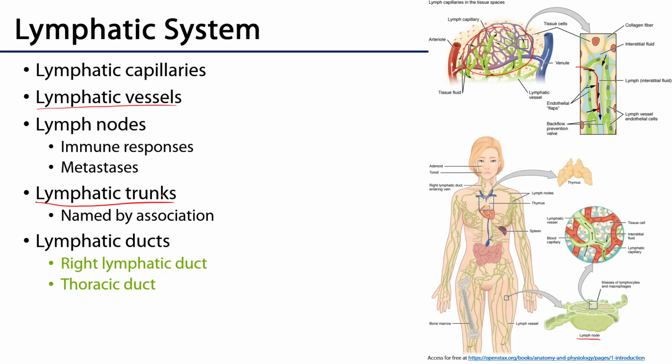So a jugular trunk associated with the internal jugular vein, or a subclavian trunk associated with the subclavian vein. These trunks are going to feed into lymphatic ducts, of which there are two. Draining into the right venous angle, we have the right lymphatic duct, and draining into the left venous angle, we have the thoracic duct.